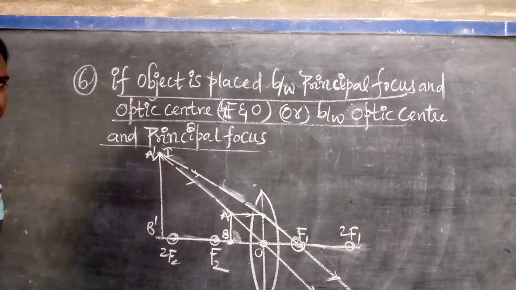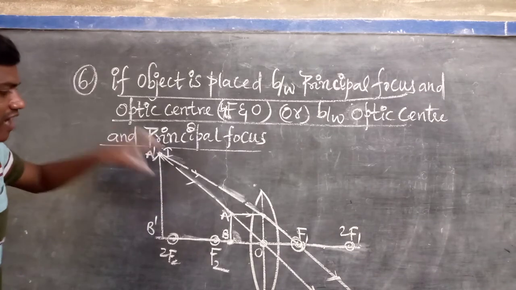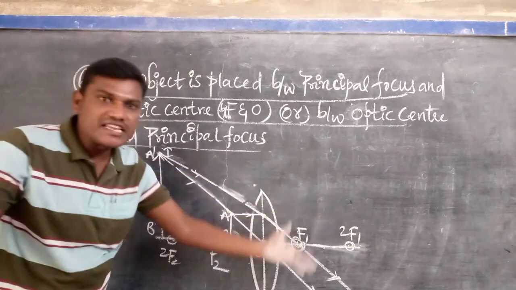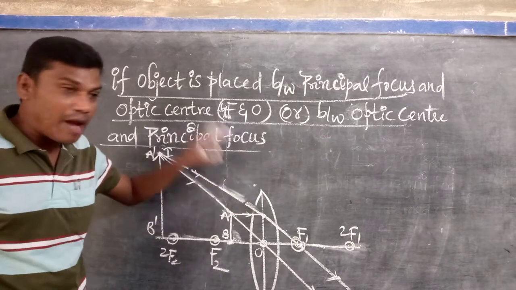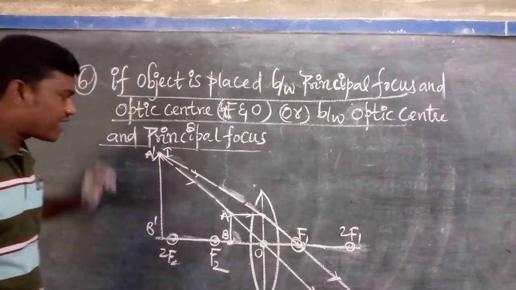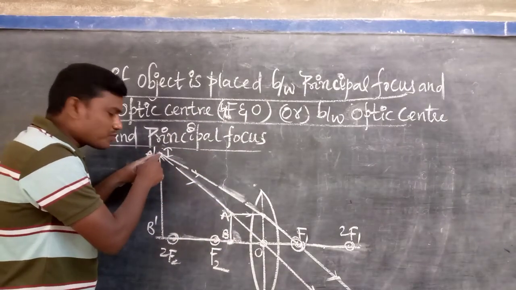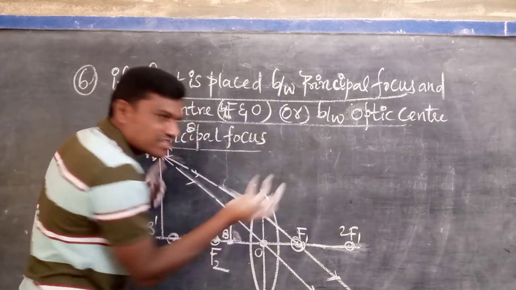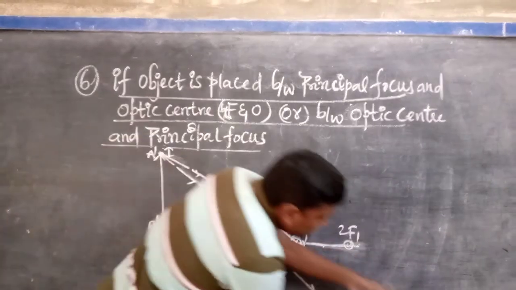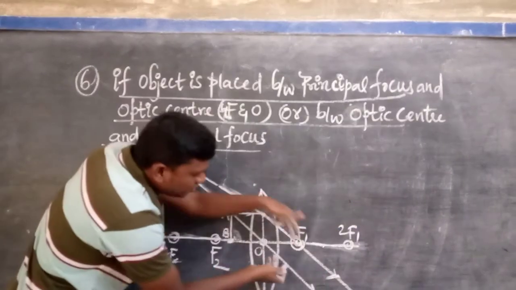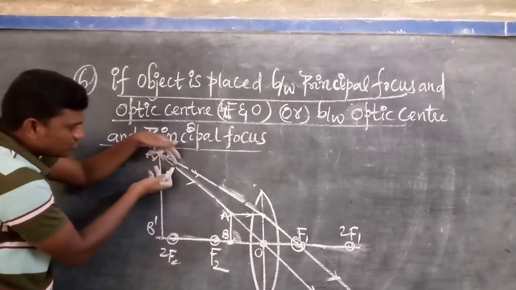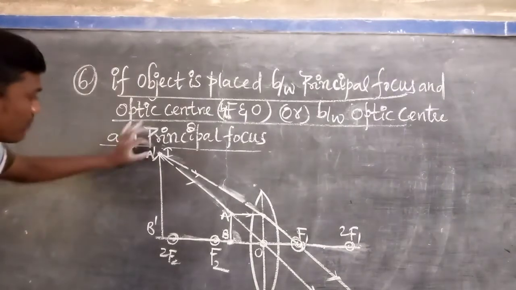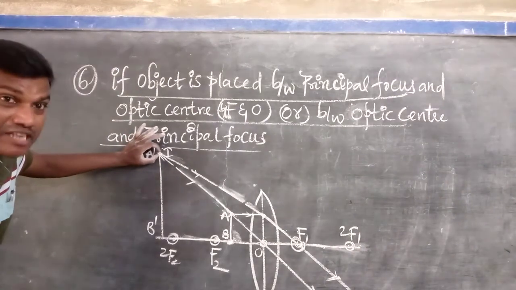But here, after the refraction, the two rays do not really meet; they only appear to meet at another point, because at this point the two rays after refraction do not meet, as their direction is this way. But these two rays are produced backward, or extended backward. The two rays meet at one point; here it only appears to meet.